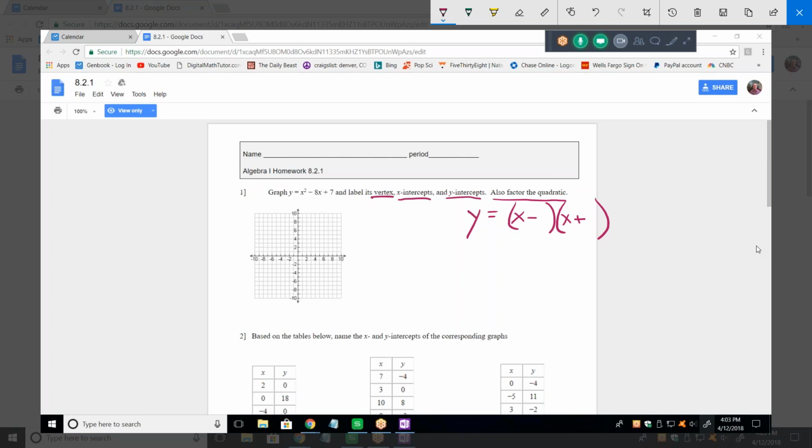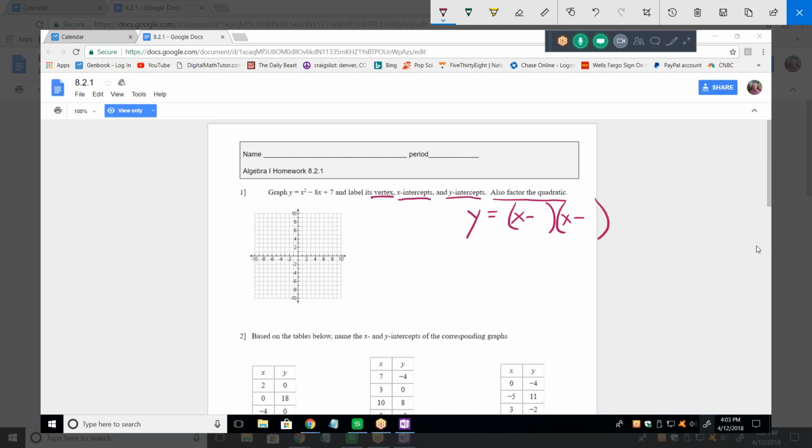Positive. So they cannot be opposite signs. The signs have to be the same. Now, are they minus minus or plus plus? Minus, minus. Correct, because the sign on the middle term is minus.